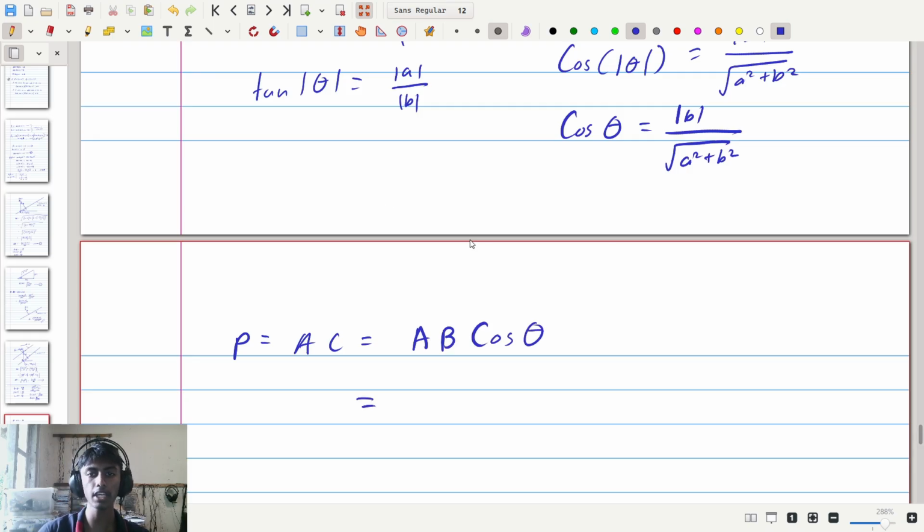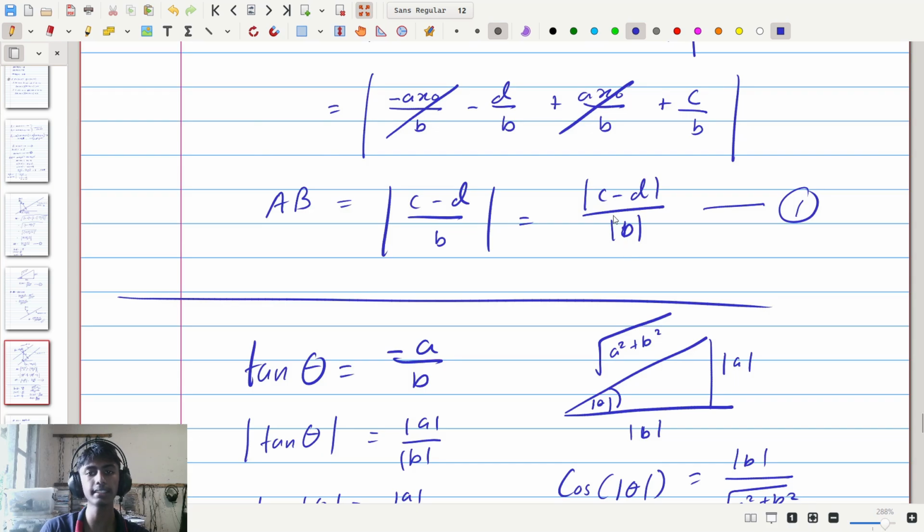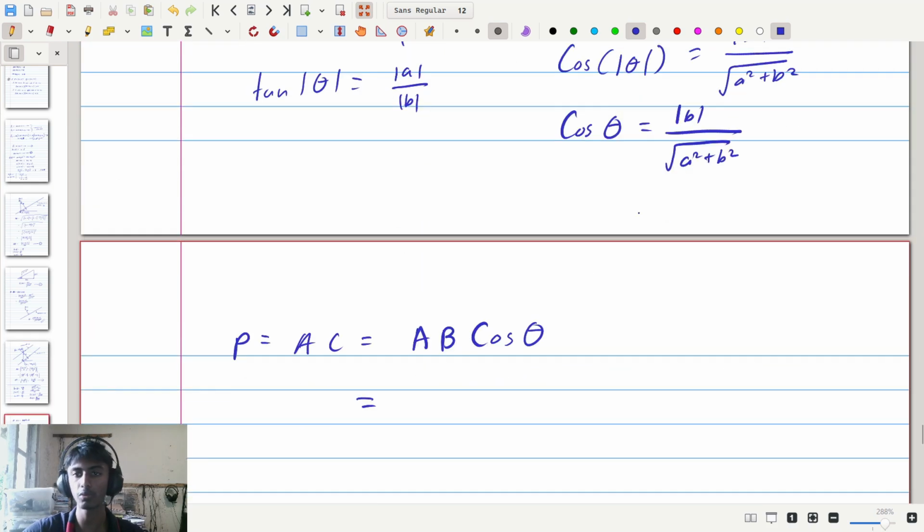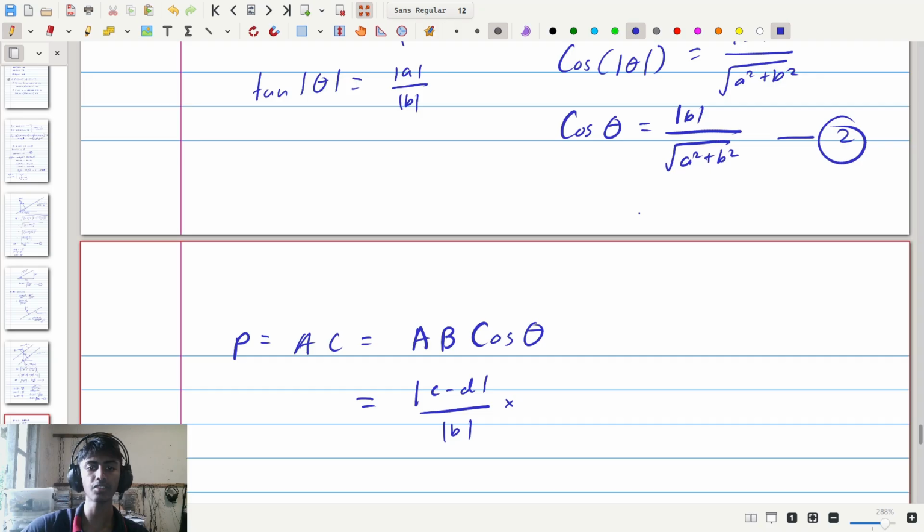The value of the length AB from the first equation here is the absolute value of c minus d divided by the absolute value of b. So we can write that this is equal to the absolute value of c minus d divided by the absolute value of b, multiplied by the second value, the cosine of theta, which is the absolute value of b divided by the square root of a squared plus b squared.